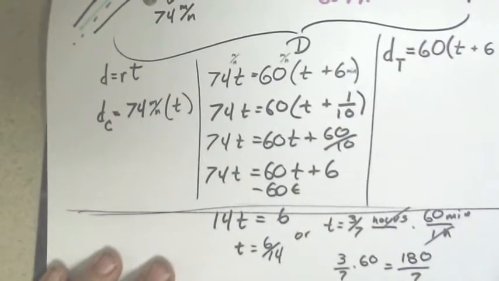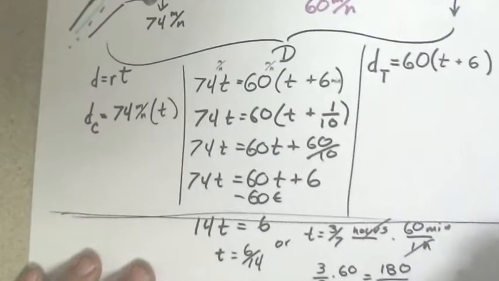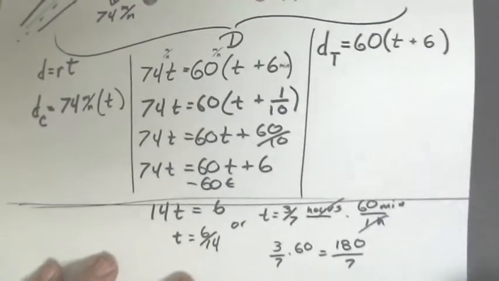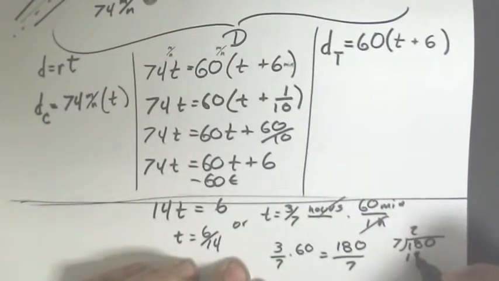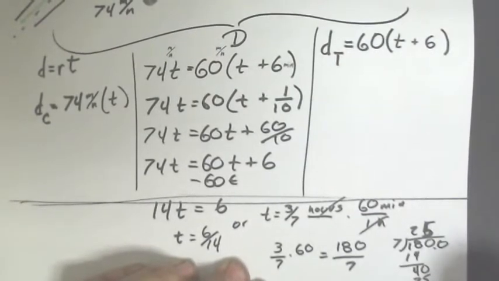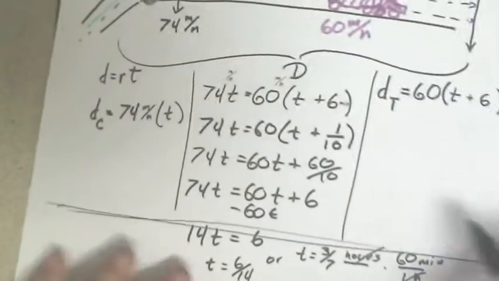Be nice if it was a perfect number, wouldn't it? But nope, it's not. But you know how to divide 180 by 7. Grab a calculator if you need to, but I don't have one handy, so I'm going to go old school. That's 40. So 6 would be 42. How about 5? It's 35. So 5.7.